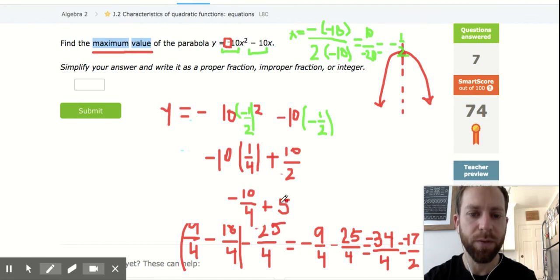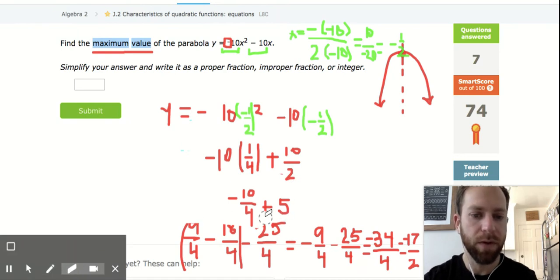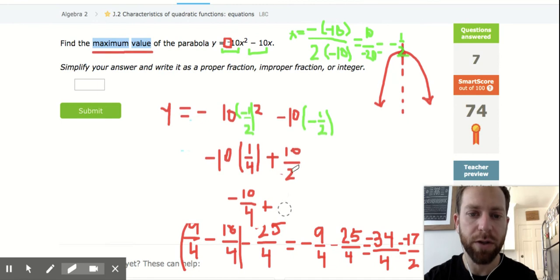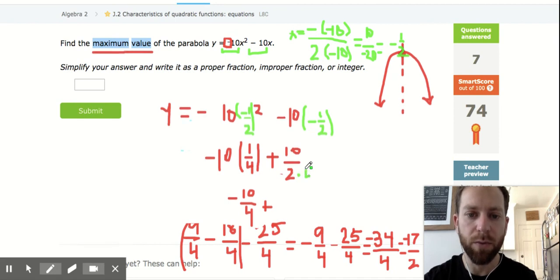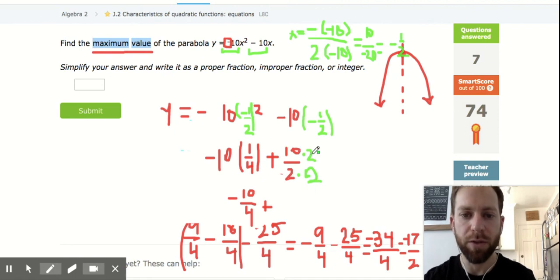Well, if we want to make this out of 4 so that we can add them together, we would need to multiply the top and bottom by 4. So let's change this so that it also ends with a 4th. If we want a 4th on the bottom, we would multiply that by 2, and we do the same thing to the top to keep it equivalent. So this would be 20 over 4.